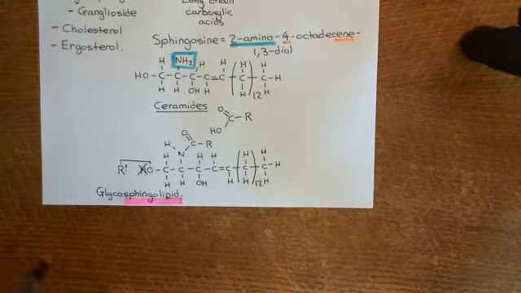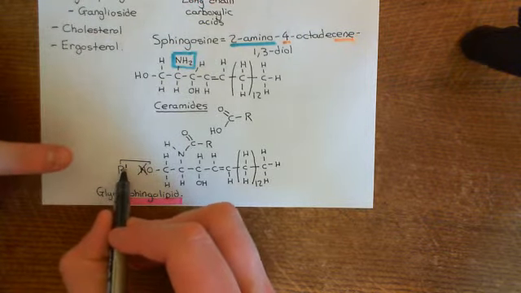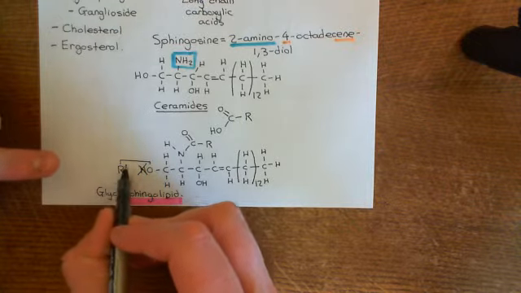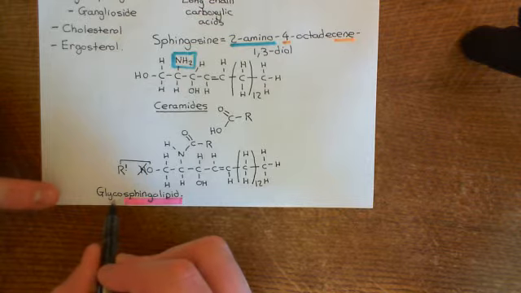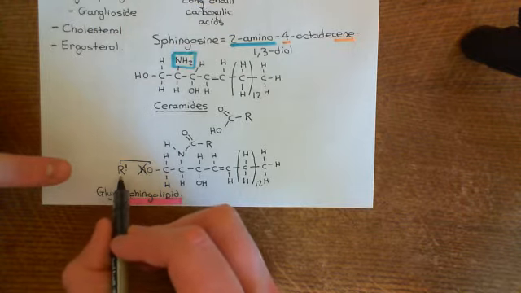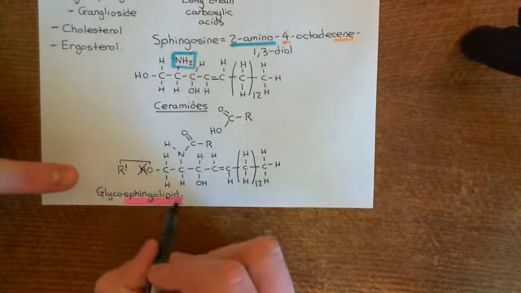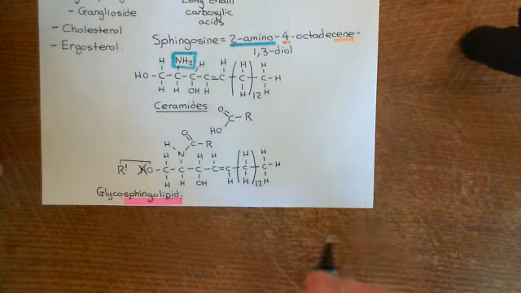Now, if this R prime group here is carbohydrate in nature, then you would give it the prefix glycosphingolipid. But if it's just a generic R prime group here, then it might not be carbohydrate in nature, and then it would just be called a sphingolipid. I apologize for that. I hope that hasn't caused confusion.